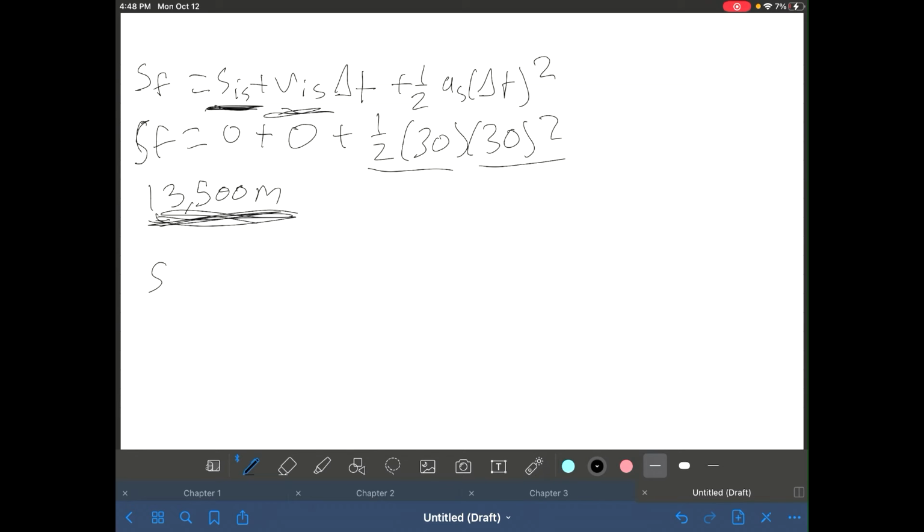And that will give us 13,500 plus 900 times our change in time, which we do not know yet, plus 1/2 times negative 9.8, because that is gravity, and it will subtract 9.8 meters per second squared every second, times our seconds squared.